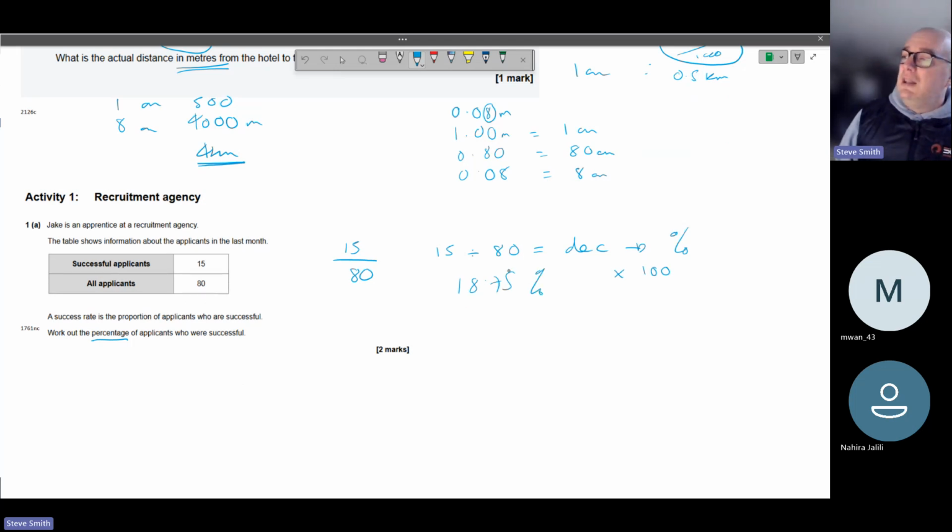If you'd have left your answer at the decimal stage, you might have got 1 mark. But once you've got to the decimal, the percentage part is easy because any decimal you've got, you times by 100 to get to the percentage. If you've got a percentage and you need to get to a decimal, you divide by 100.